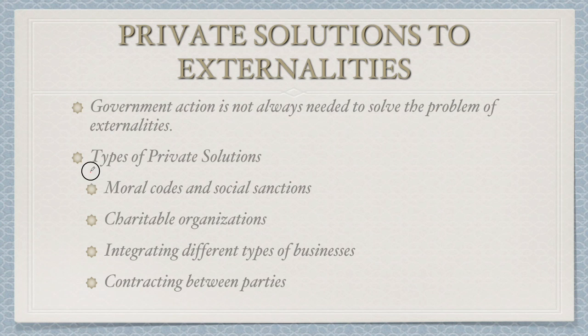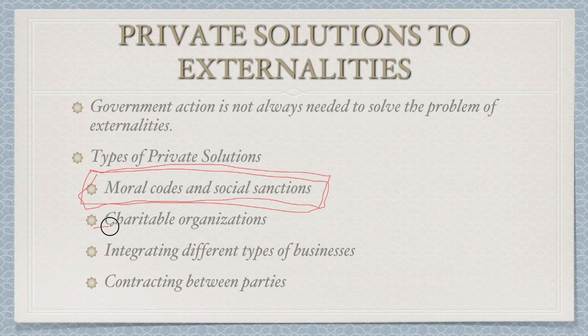Probably the most effective, moral codes and social sanctions. This is why people don't generally do everything they want the minute that they want to. They take into consideration oftentimes how their actions affect other people. It's why I don't dump toxic sludge in my backyard, or part of the reason why.